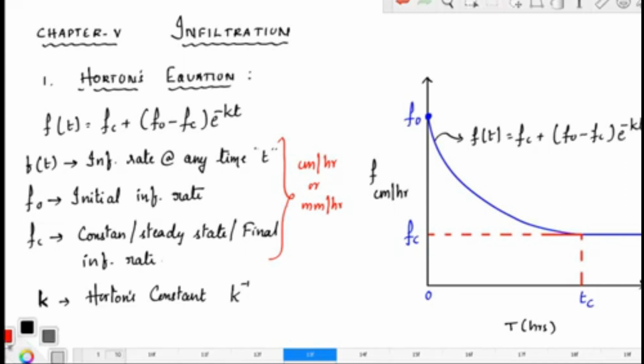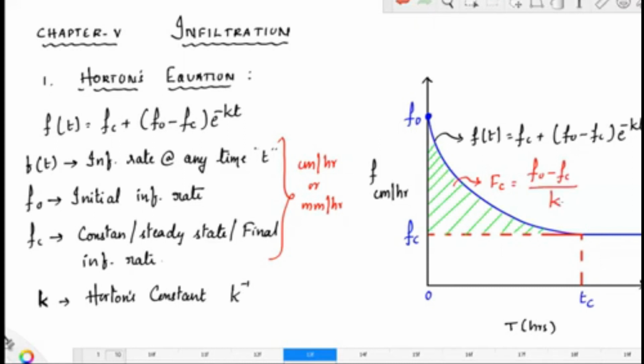Now one more thing that we have proved, what is that? This shaded area is nothing but capital Fc, which is equal to (f naught minus fc) divided by k.